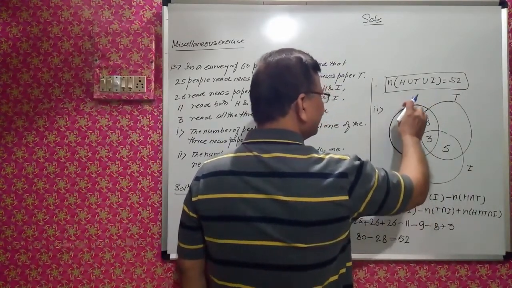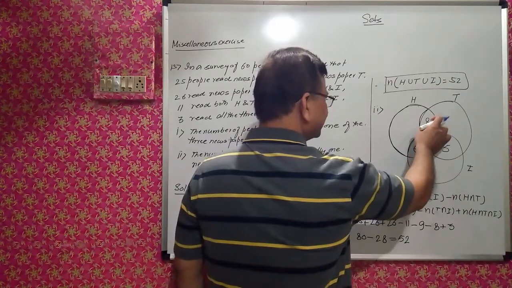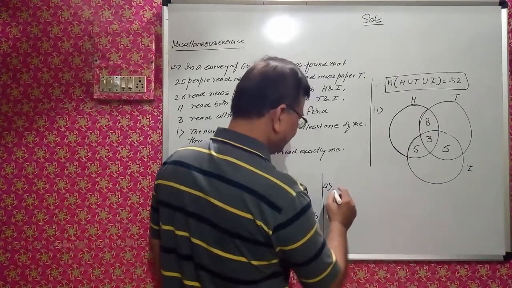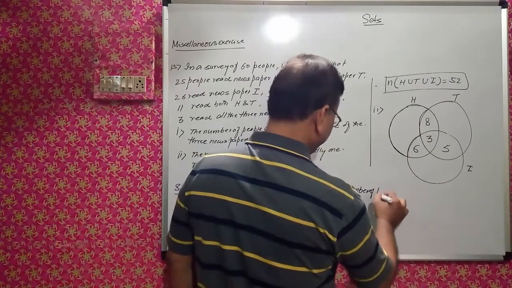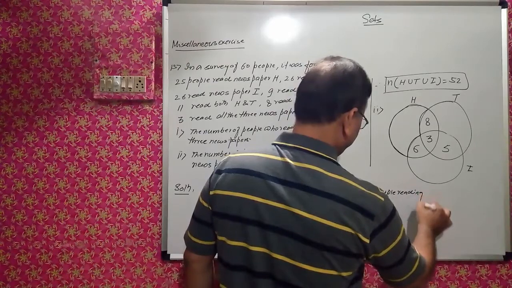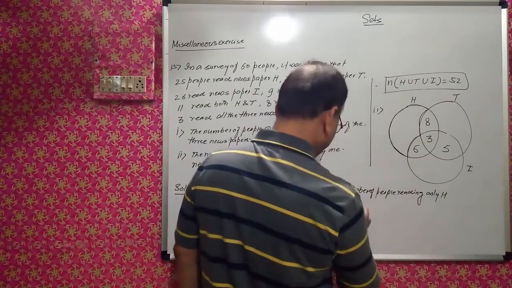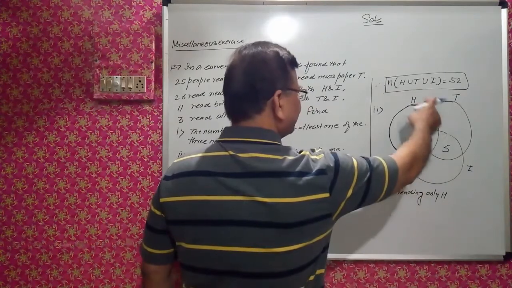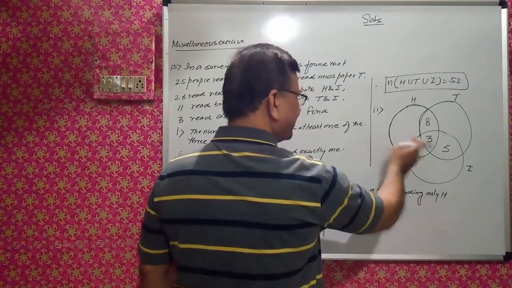So we will write NH minus this plus this plus this. First one, the number of people reading only H is equal to how much? This is the total number of people reading H. Some are reading T also, some are reading I also.